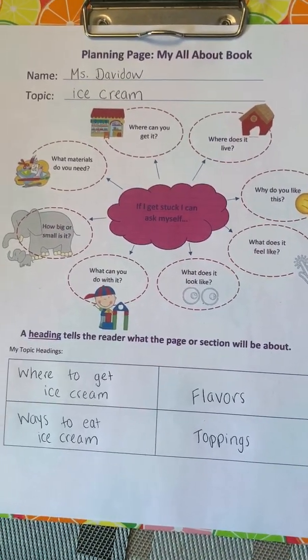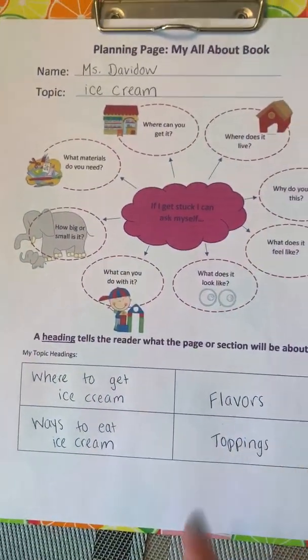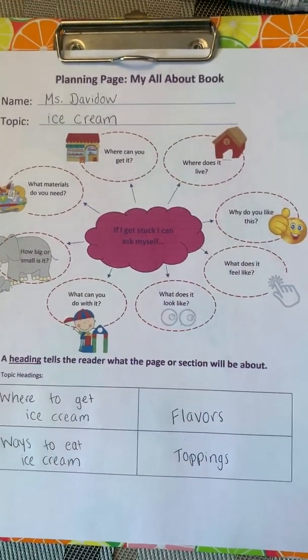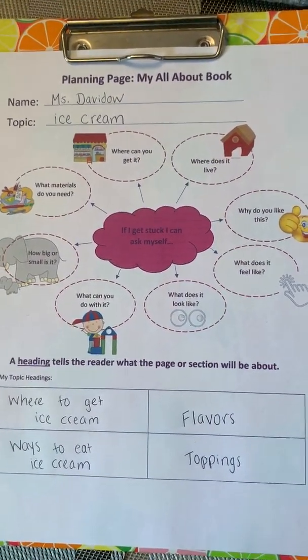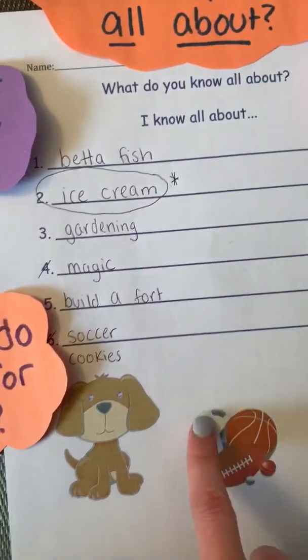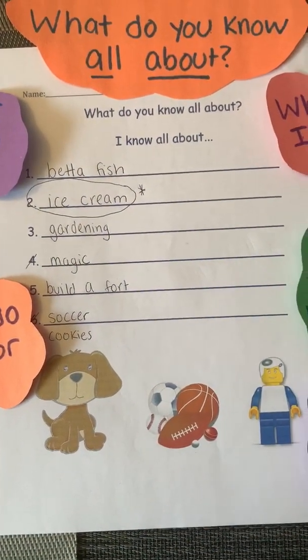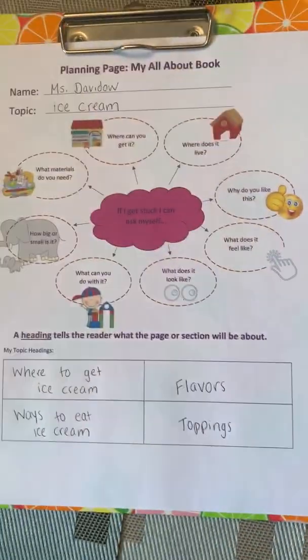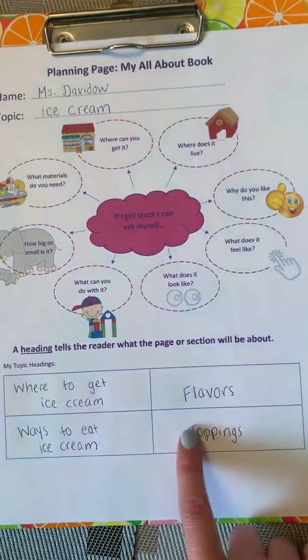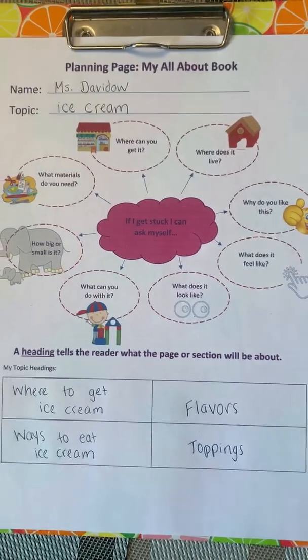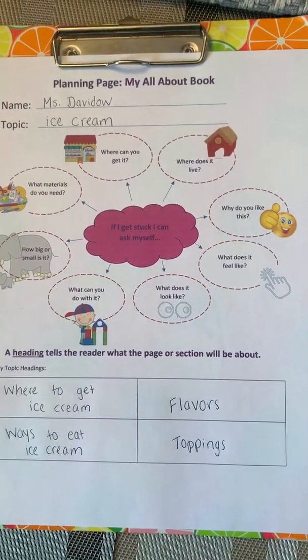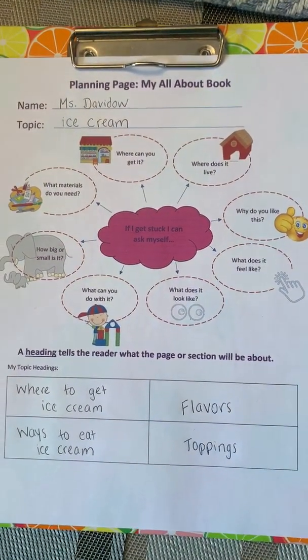If you find that maybe you're having a hard time coming up with headings, maybe you don't know as much as you thought you did about your topic, it's okay to pick a new topic. That's why we made this list yesterday. So if you have trouble, friends, you can switch your topic. That's okay. We just want to make sure that you come up with 4 great headings so that tomorrow when we start writing, we have some ideas.